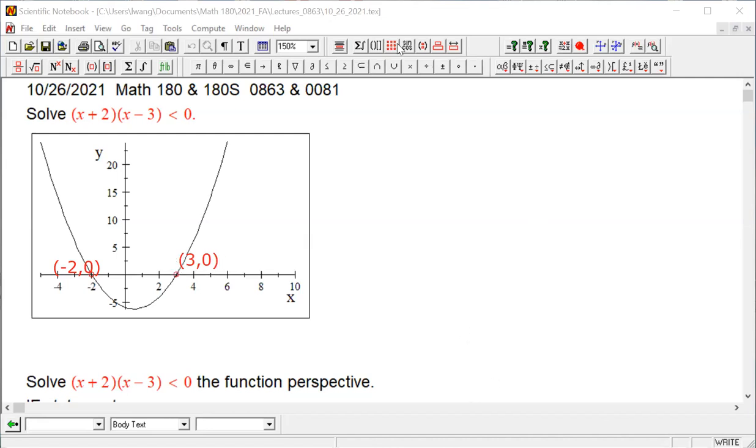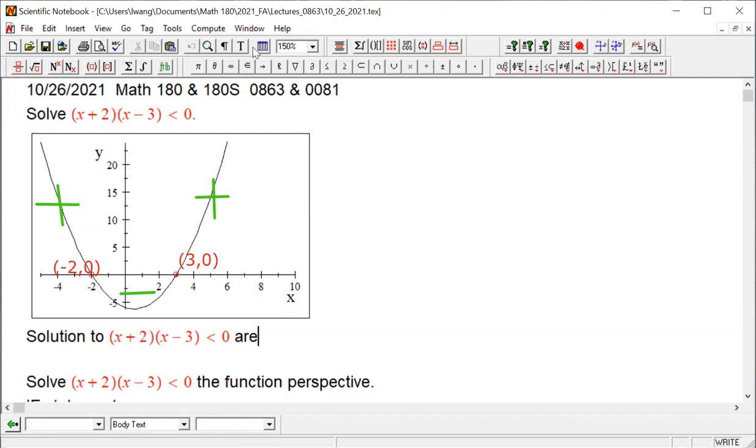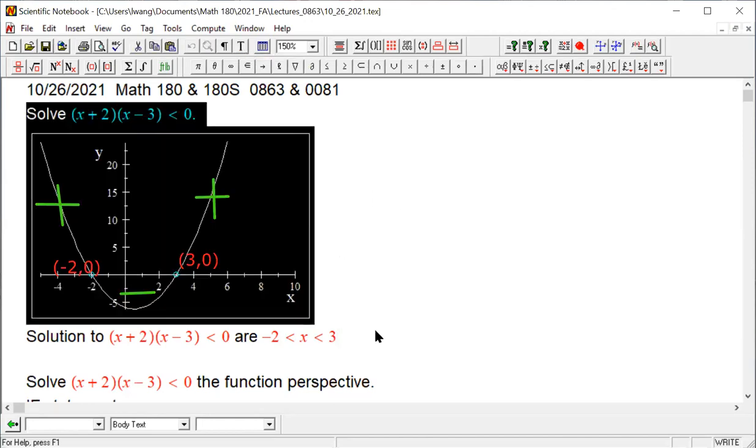And on your picture, you can mark that this piece is positive, this piece is positive, and that piece is negative. Then you can tell the reader the solution to that inequality is x between -2 and 3. So that's how much work you would like to show.